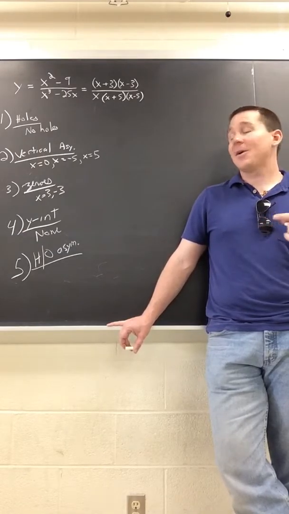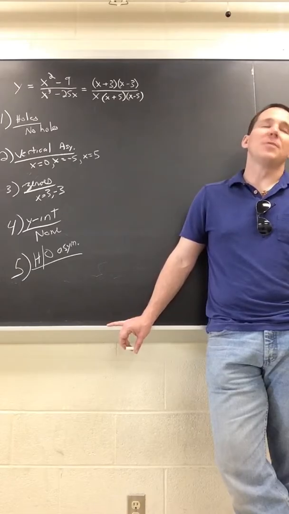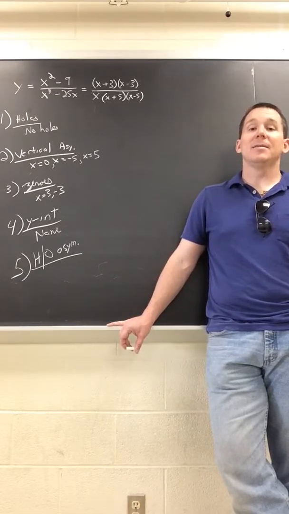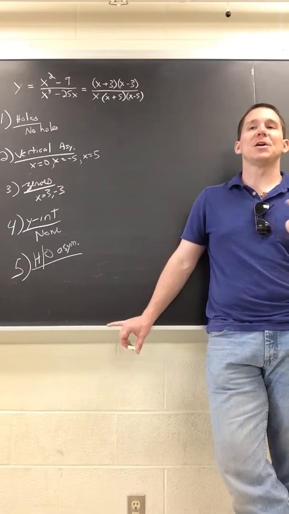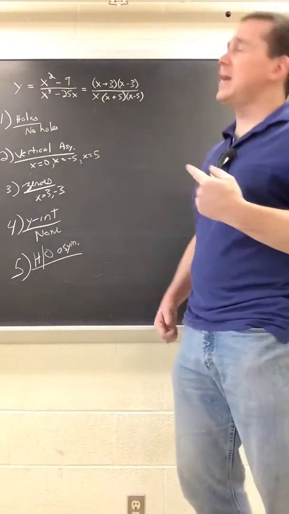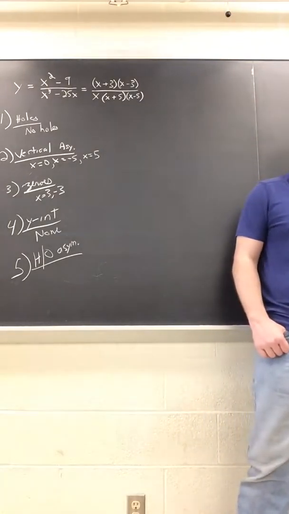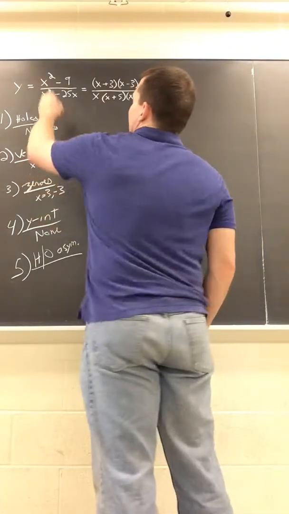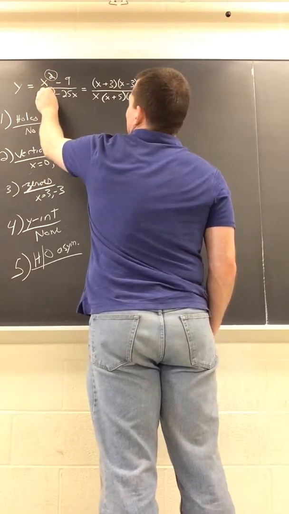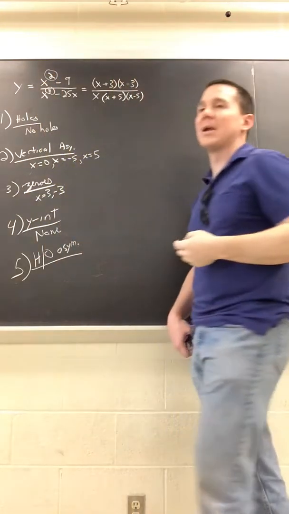Your graph has either a horizontal or an oblique asymptote. If you find it has a horizontal asymptote, there isn't an oblique one. You look at the degrees of your numerator and denominator. For this one, the degree of the numerator, the highest power of x, is 2, and the degree of the denominator is 3.